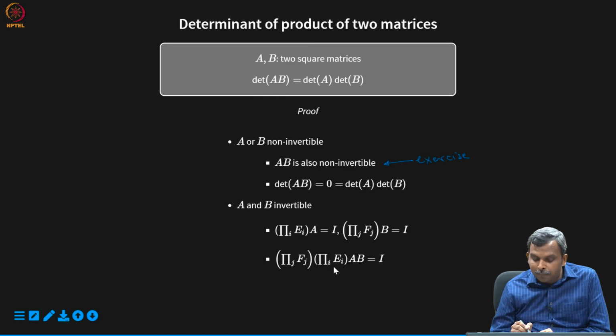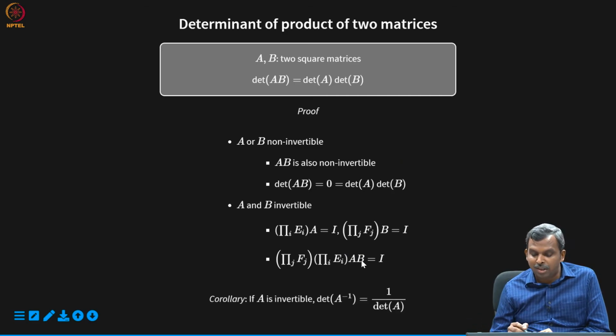If I take the operation sequence for A and then put the operation sequence for B to the left of it, and look at this product with AB, I get I. You can see this: E will first operate on A, you will get I here, and then F will operate on B, you will get I here. So this is like the inverse. This is true when A and B are invertible.